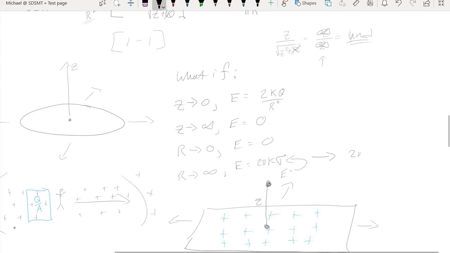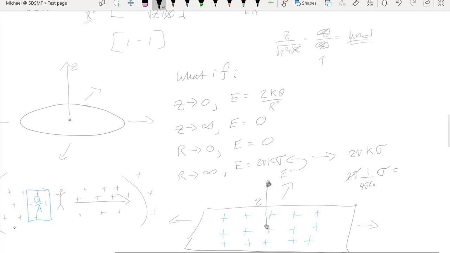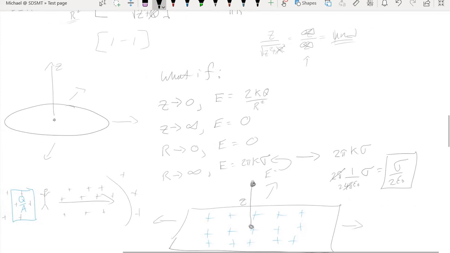We have 2 pi, we have k, and we have sigma. Well, let's rewrite this for the new and improved k value. We now have 2 pi over 4 pi, which is just going to be a 2. And so now we have an expression for the infinite sheet of charge, which is just sigma over 2 epsilon naught.